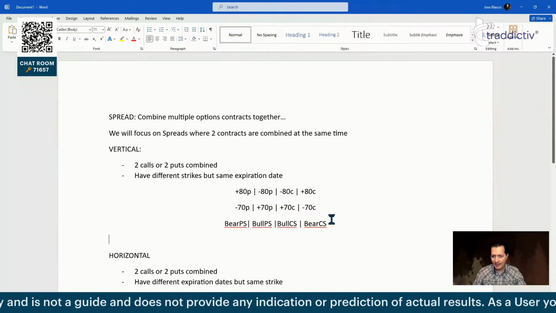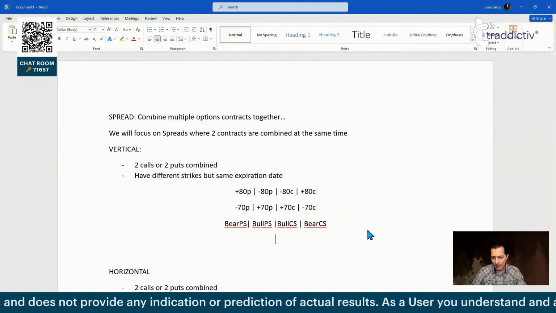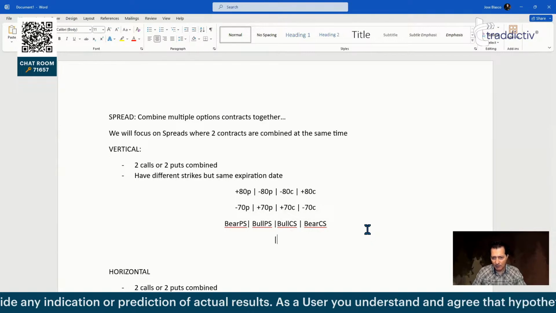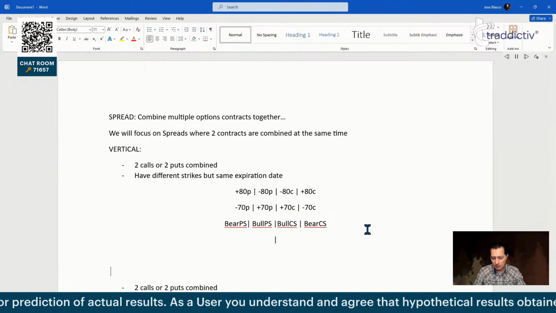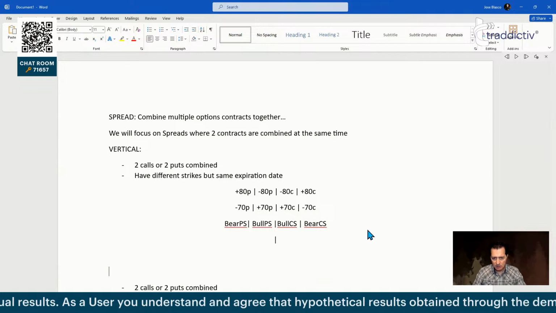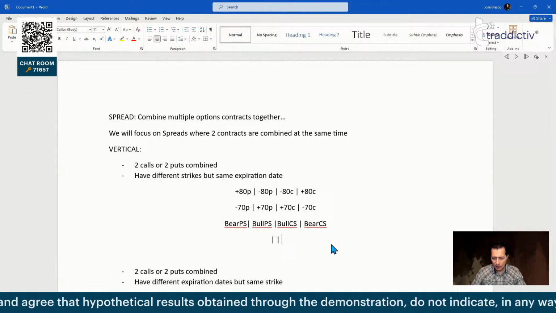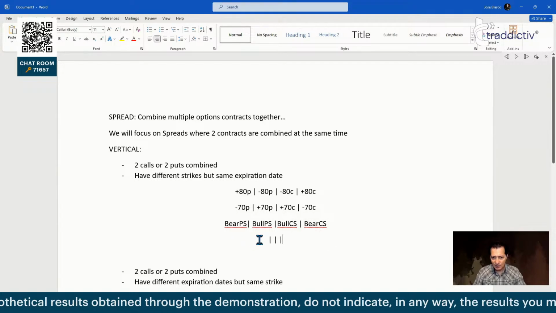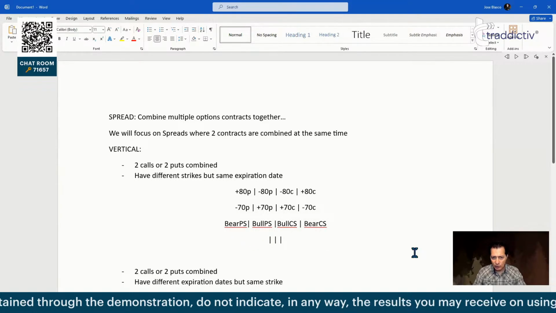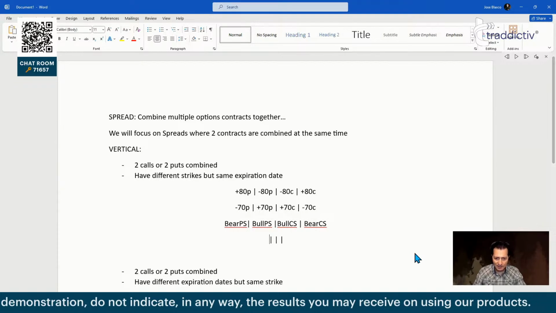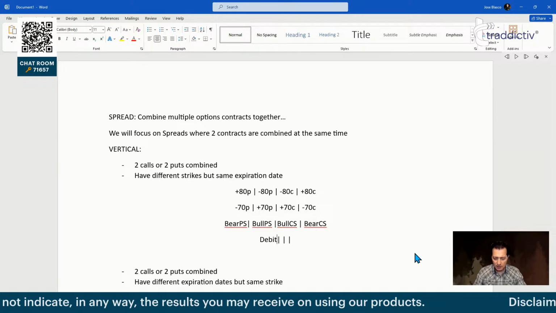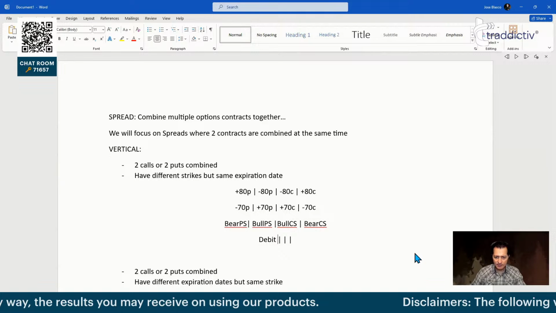Okay, talking about the basics of options, you also know that when you buy a put, it's a debit, you need to pay for it.